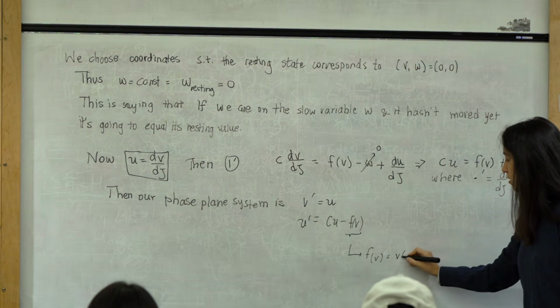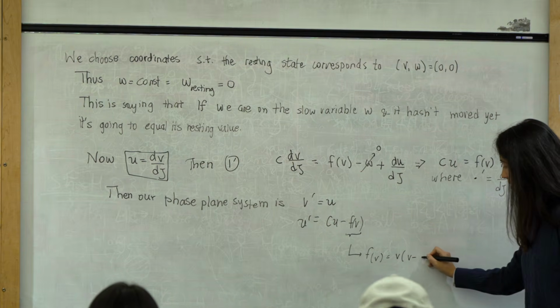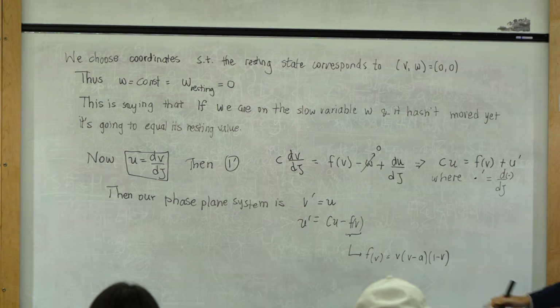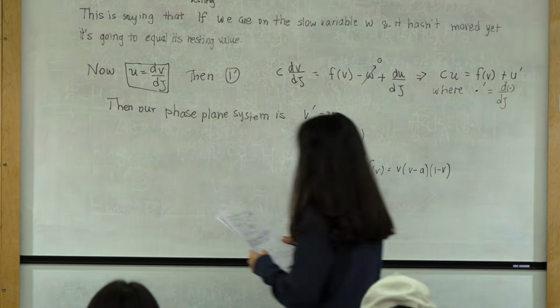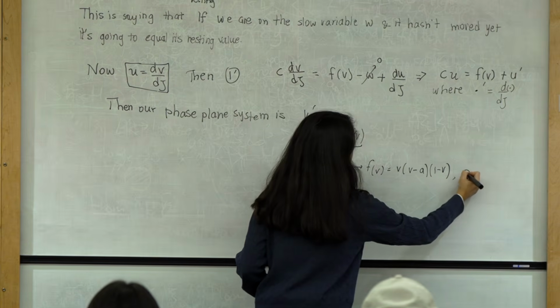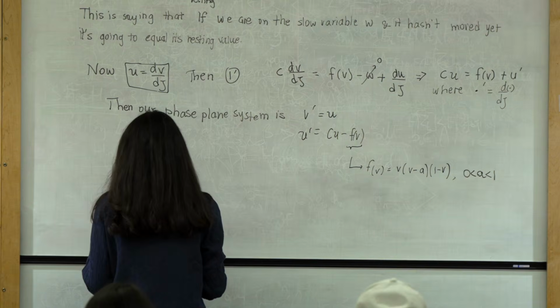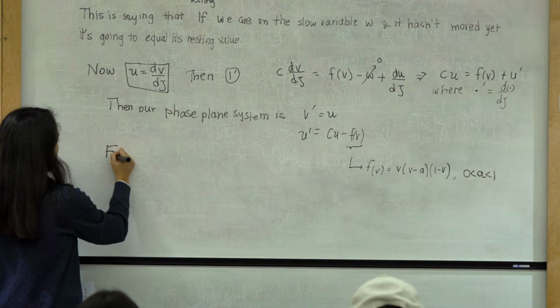So I wrote v, and then we have, let me remind myself, v minus a, and then 1 minus v. So this is from last class, where a is between 0 and 1. Okay, so I think we finished with this thing last time.